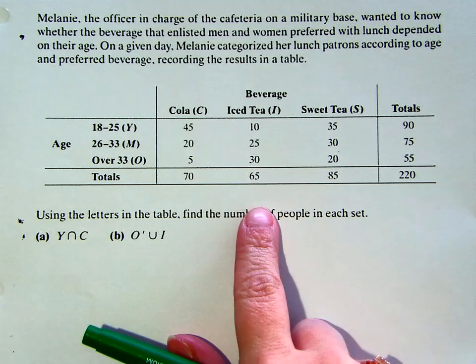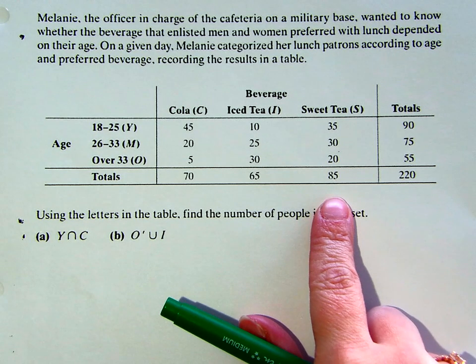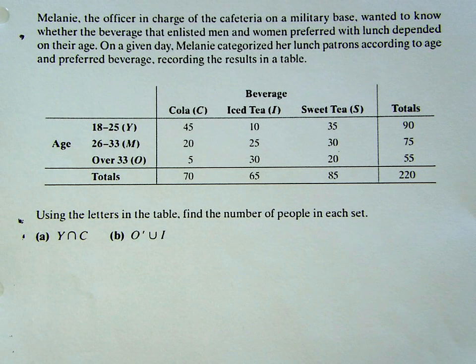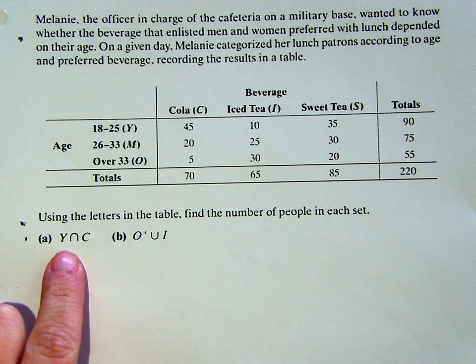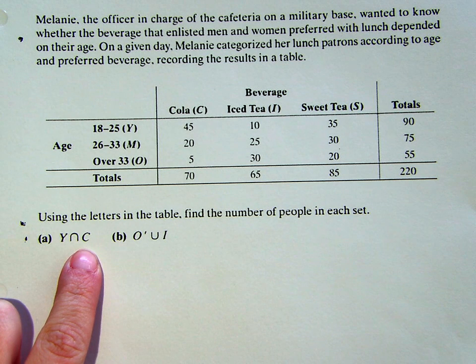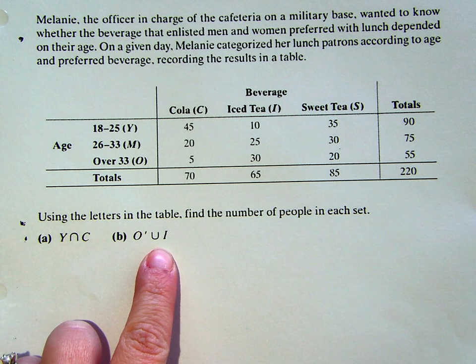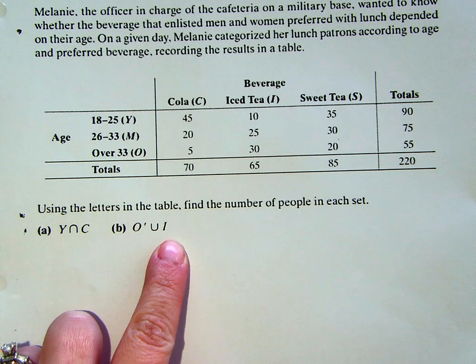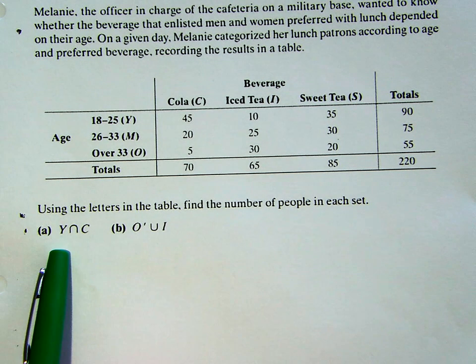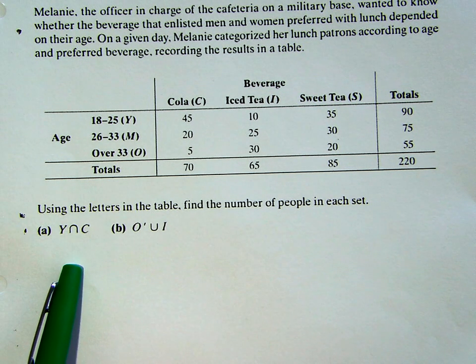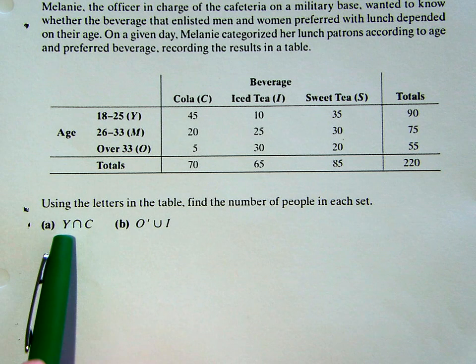So they give us all this really good information. And then the 2 questions that we are asked is we're asked to find Y intersect C, and we're asked to find O complement union I. Okay, so we're going to look at Y intersect C. That's the youth, the young bucks, intersecting with cola.